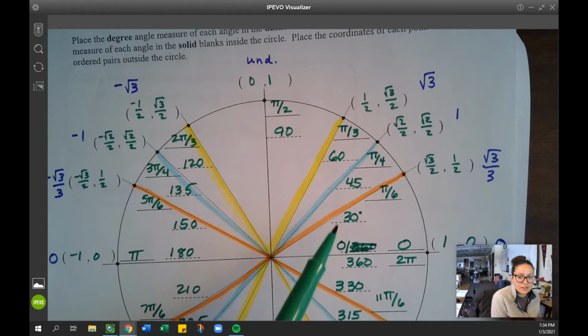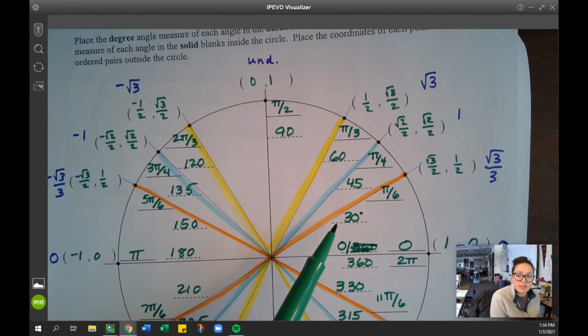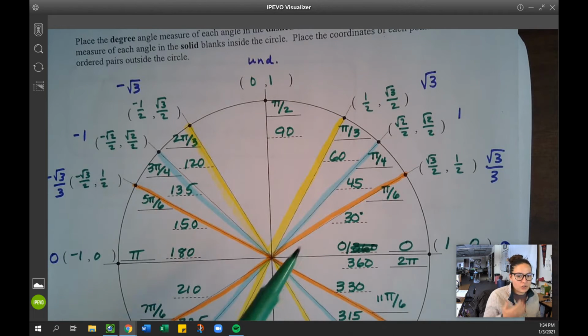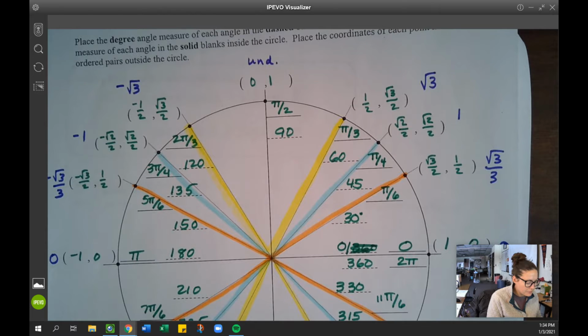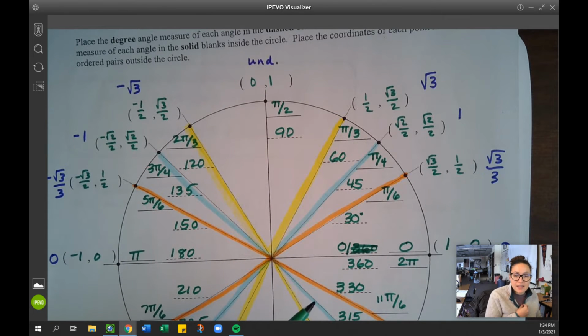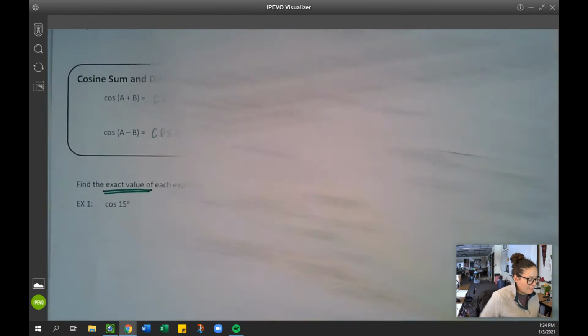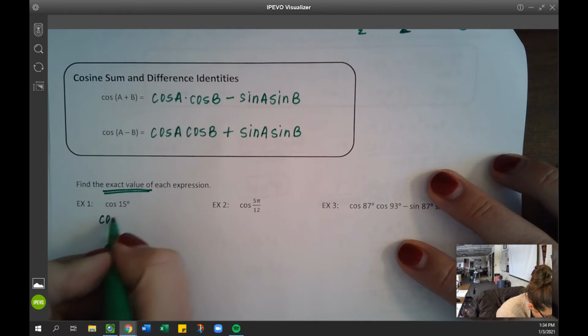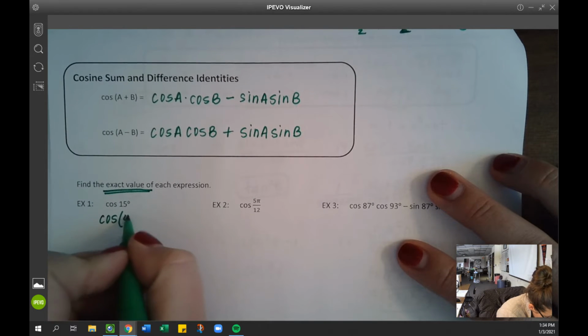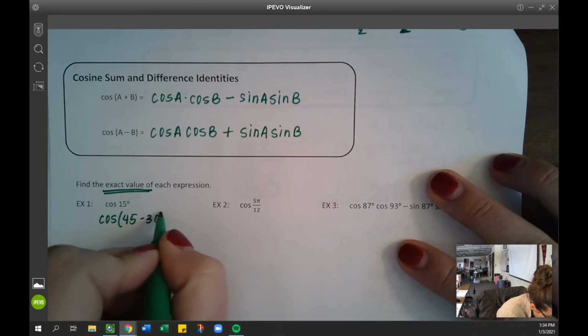15 is 45 minus 30. And there's multiple ways to get to 15. You could do 60 minus 45. You could do some negative angles. But to me, the easiest way to get to 15 is to do 45 minus 30. So cosine of 15 is 45 minus 30.